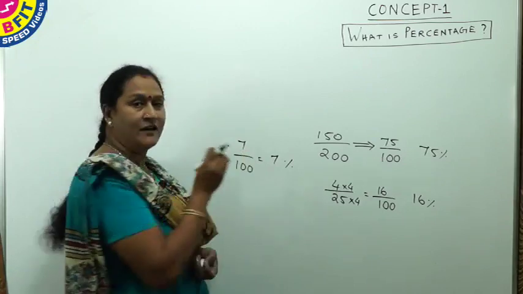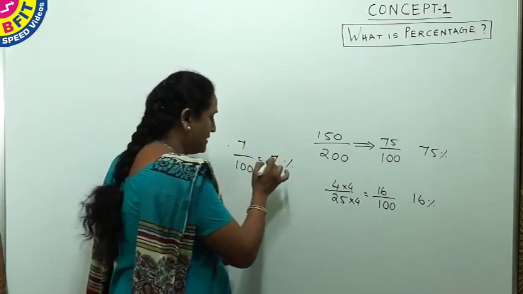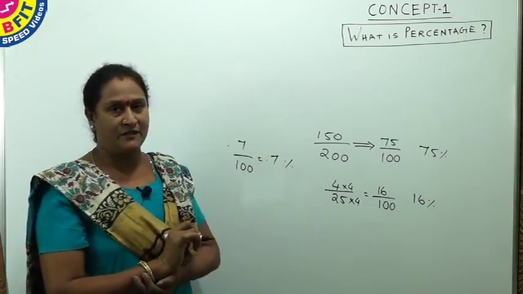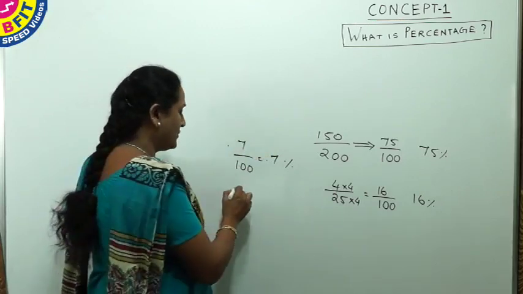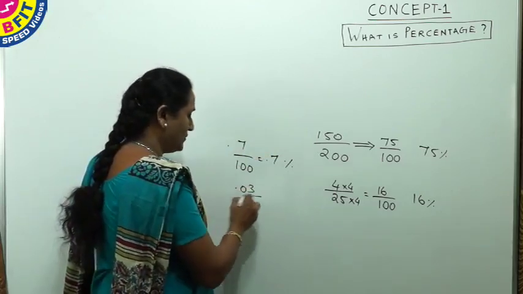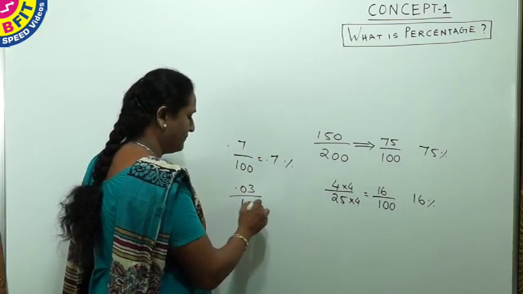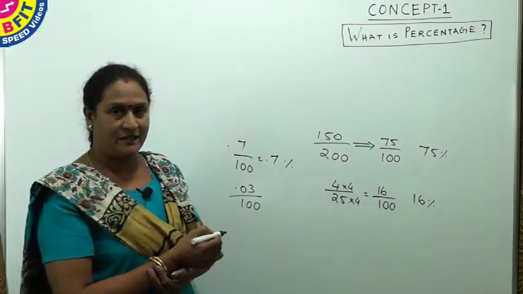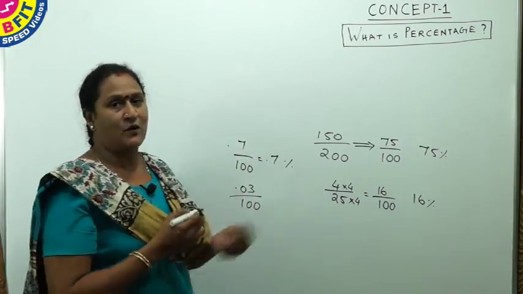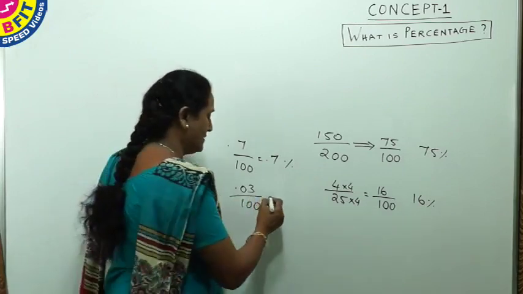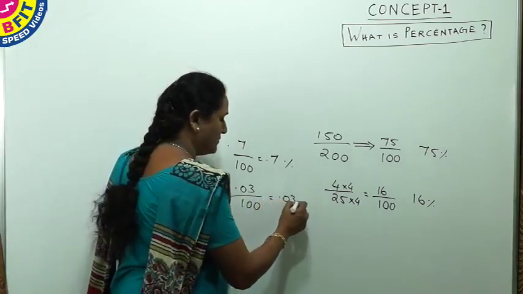For 100 it is 0.7, so the percentage is 0.7%. If suppose you have a value 0.03 by 100, what will be the percentage? For 100 it is 0.03, so the percentage is 0.03%.